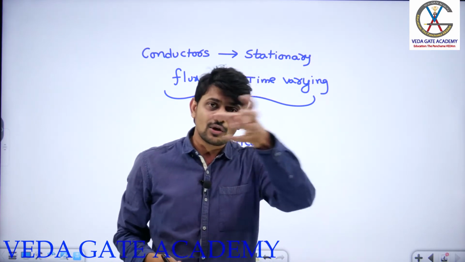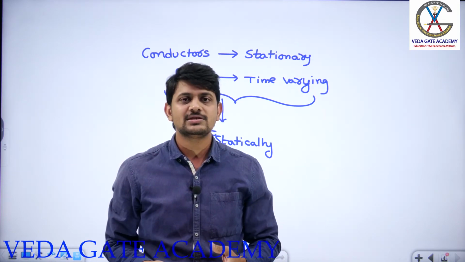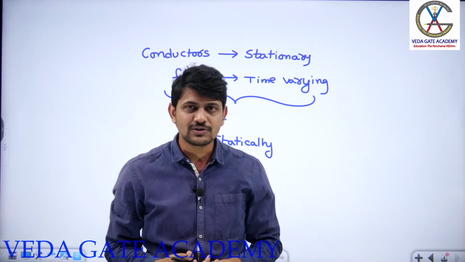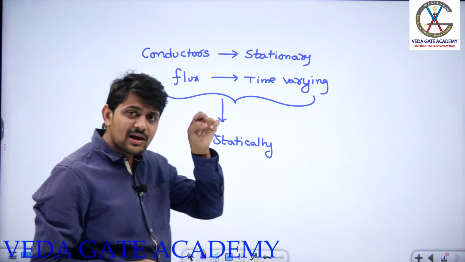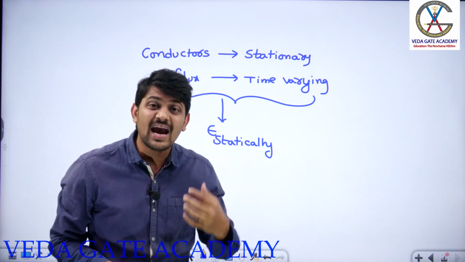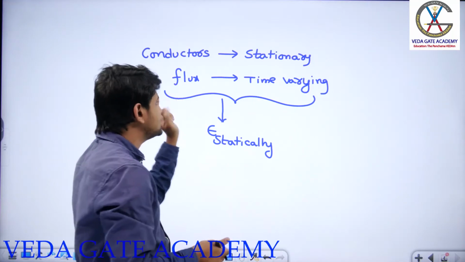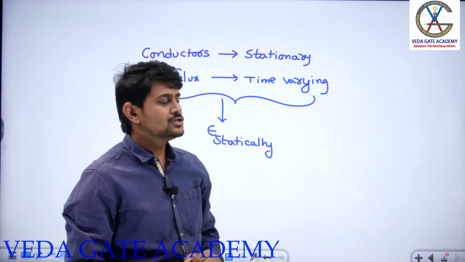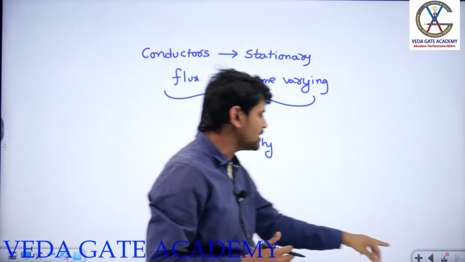So my conductors are rotating or moving inside a time invariant magnetic field, so obviously flux cutting action is going to happen, and such EMF is called dynamically induced EMF. So in dynamically induced EMF, which we will handle in DC machines, the conductors are moving, but the flux is time invariant in nature. I hope you are clear with that. I am not going to deviate from the concept I am discussing.